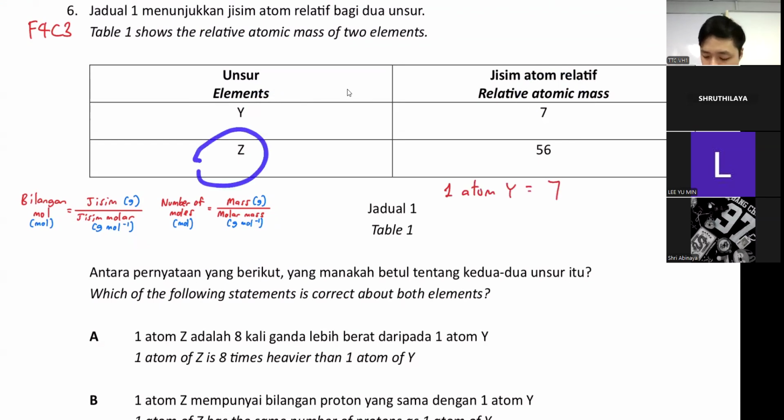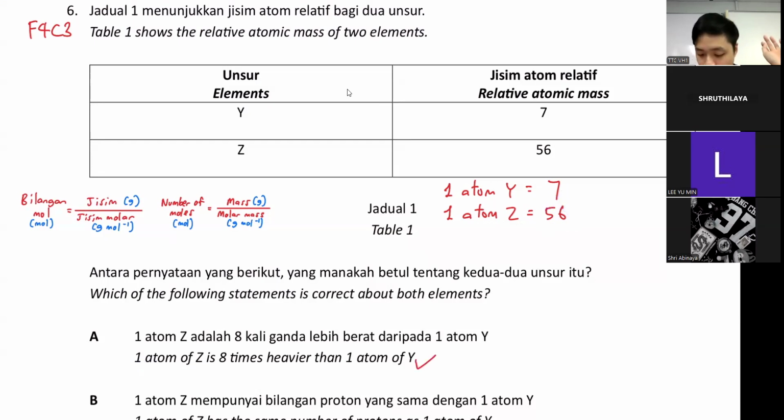For Z, they tell you the atomic mass means one atom Z's mass is 56. So they ask you which one of the following statements is correct about both elements. A, one atom Z is 8 times heavier than one atom of Y. Okay, so it looks like it is going to be correct. Yes, 7 times 8 is 56, right?